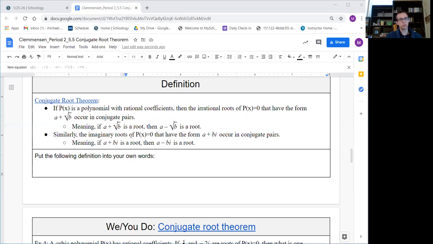Similarly, the imaginary roots of P of x equals 0 that have the form a plus bi occur in conjugate pairs, meaning if a plus bi is a root, then a minus bi is also a root.